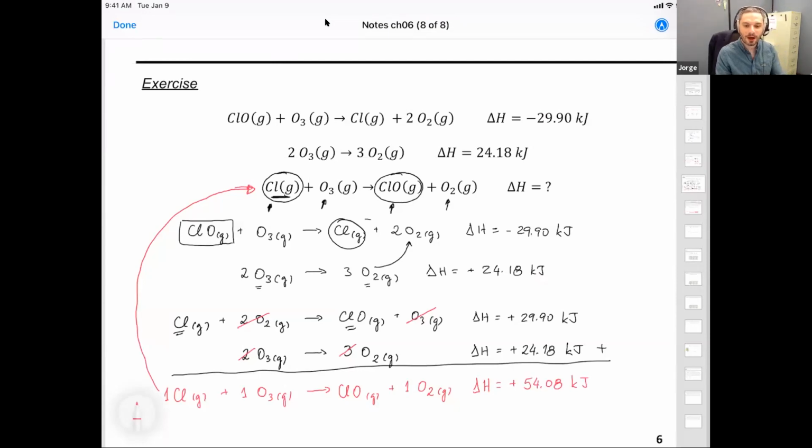And that's how you use Hess's law to determine the delta H of complex reactions using small steps for individual reactions.